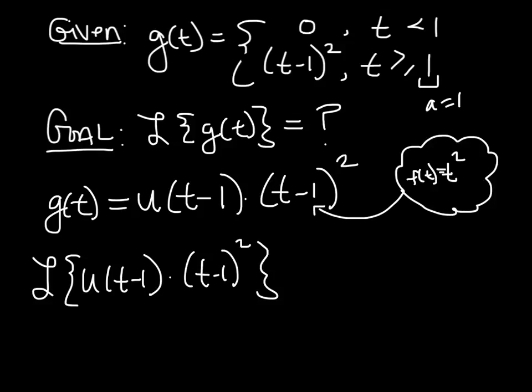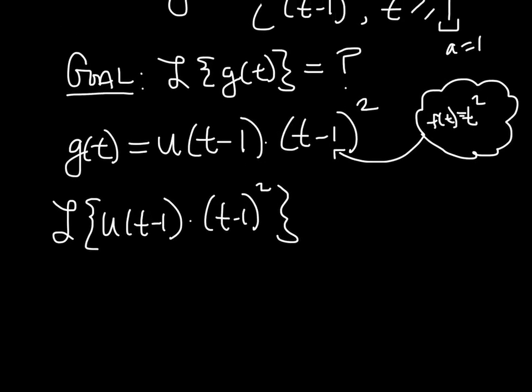According to theorem 1, specifically equation 3a, this is equal to e to the negative a s, and a is just 1, so e to the negative s, times capital F of s.